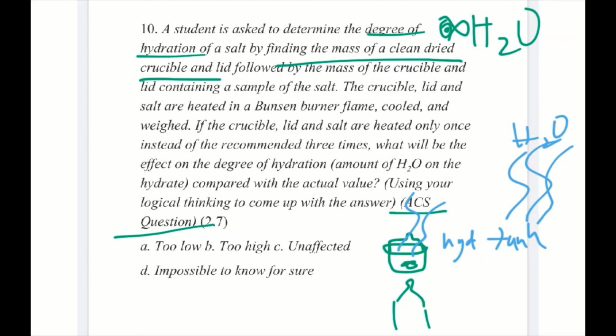So if you heat it 1 time instead of 3 times, then obviously less of the H2O will leave, and not all of the salt will be converted into the anhydrous form. So let's make a table in order to visualize this.